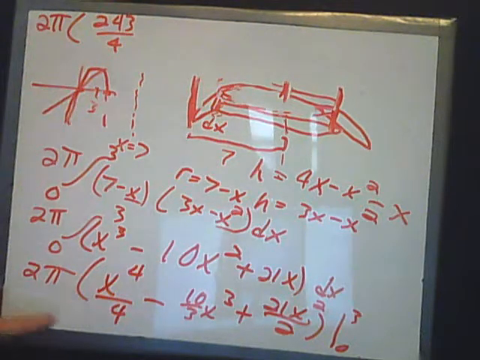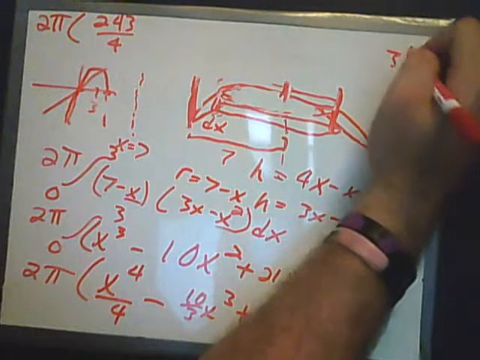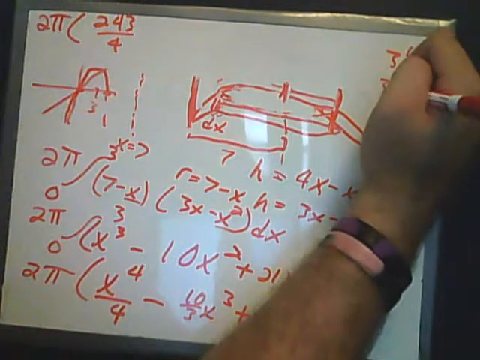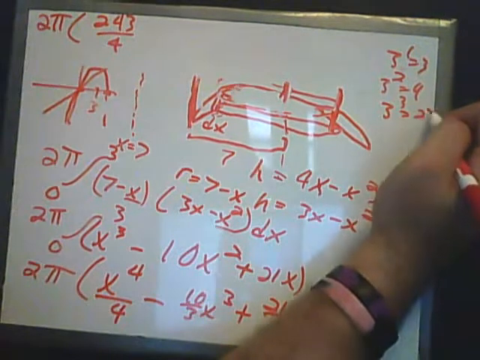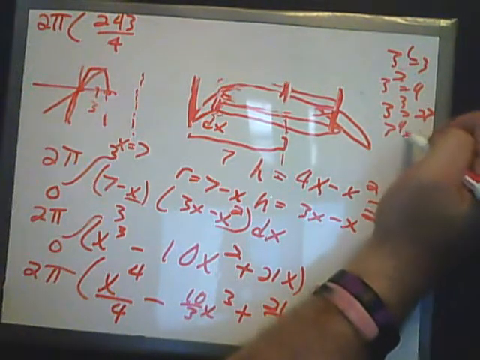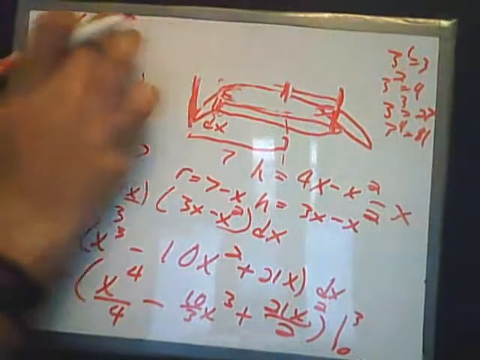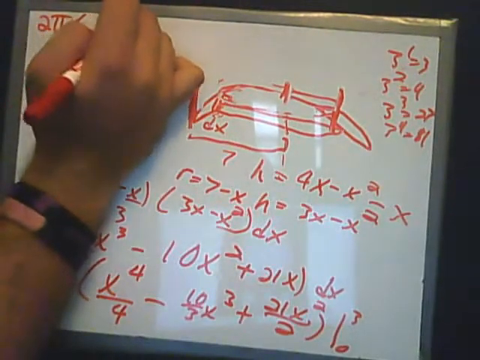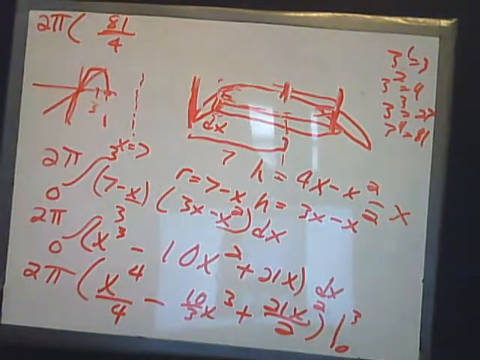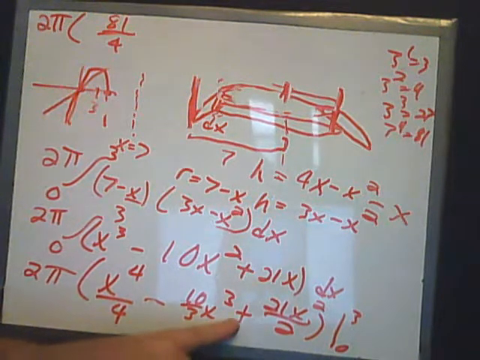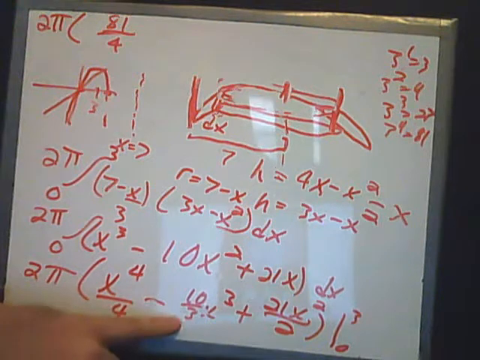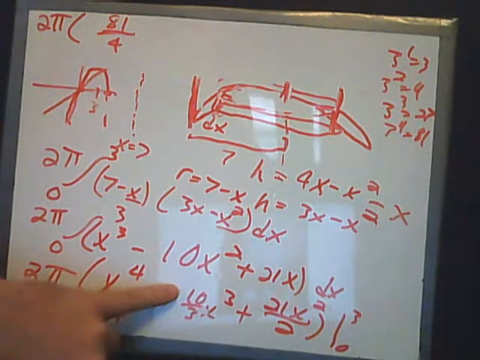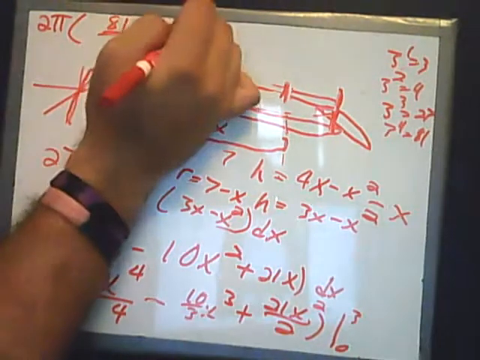And actually, if we go back here, 3 to the 1st is 3, 3 squared is 9, 3 cubed is 27, and 3 to the 4th is actually 81. So instead of 243 up here, it should be 81. So it's 81 over 4 minus 3 cubed, which is 27. If we divide that by 3 right away, 27 divided by 3 is 9. Then we multiply it by 10. This ends up being minus 90.